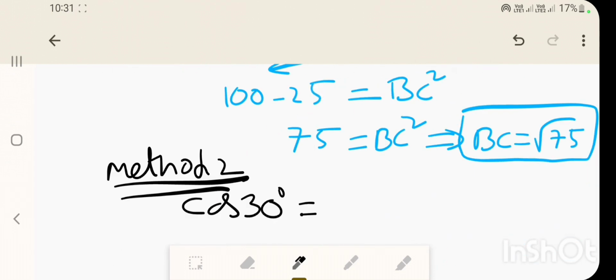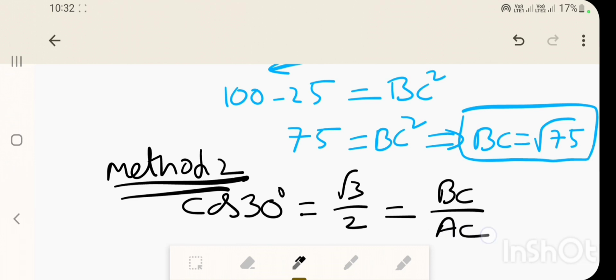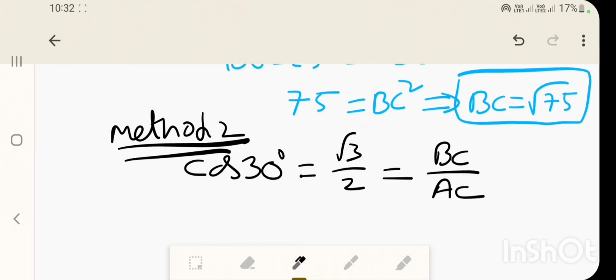Now method 2 is using the angle cos 30. We know already cos 30 is root 3 by 2. That is equal to adjacent side BC divided by hypotenuse length AC. Now what we want is the value of BC. So do the cross multiplication, bring AC to the left hand side, keep BC on the right hand side by itself.